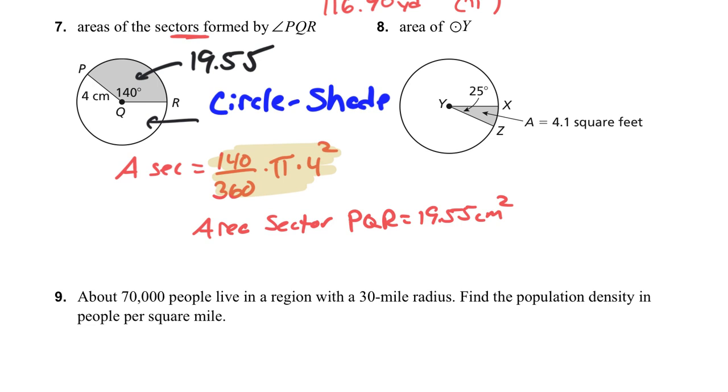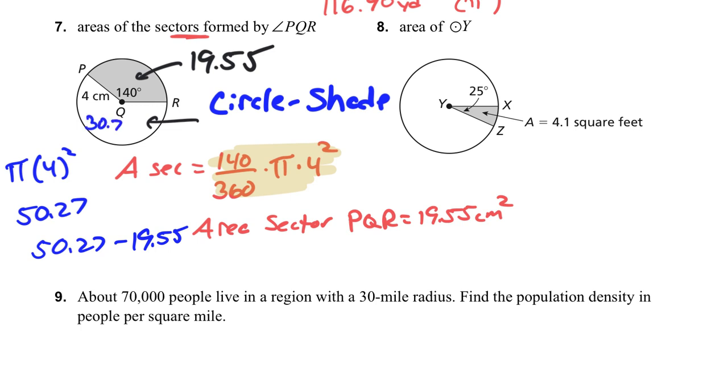So the circle itself is pi times my radius squared, which is roughly 50.27. So if I take 50.27 and subtract the 19.55, that is going to be 30.72 centimeters squared.